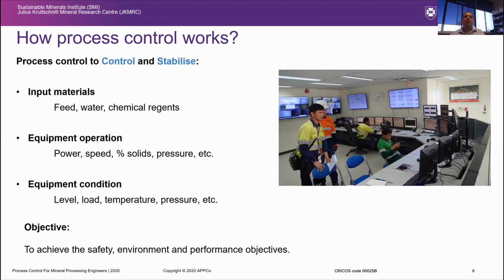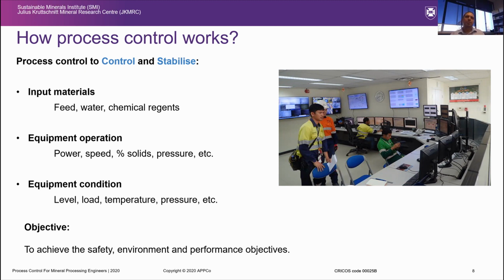And then in many cases, monitoring and controlling the equipment operating conditions, like the level of material inside a unit or equipment, checking the load, the temperature, like when you're running cyclones, looking into the pressure of those, and many other variables. So these are essentially the targets for the process control.